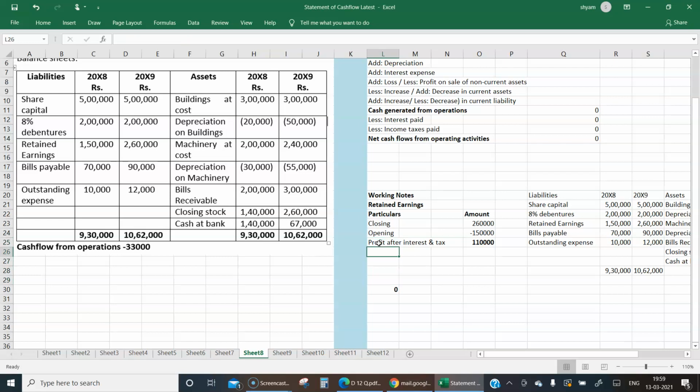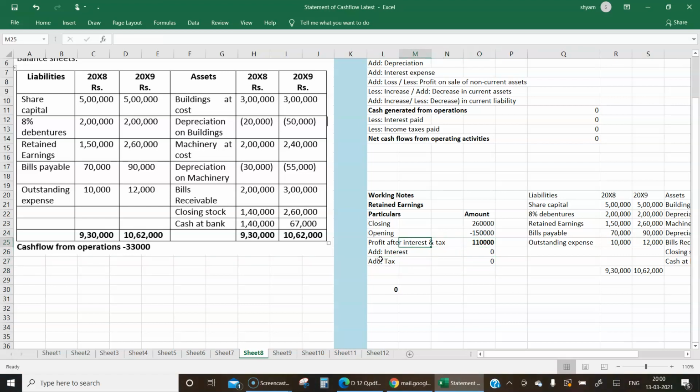But as we don't have the tax elements, we have to less interest, okay, and we have to add back interest and we have to add the tax back, but both these numbers are 0.